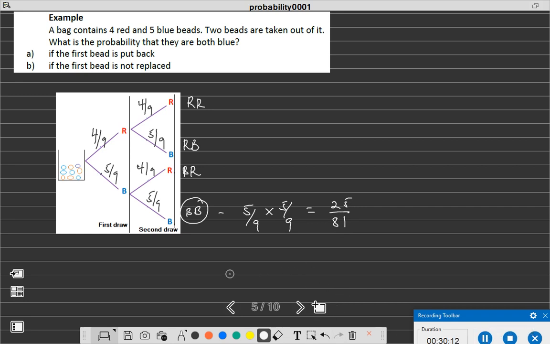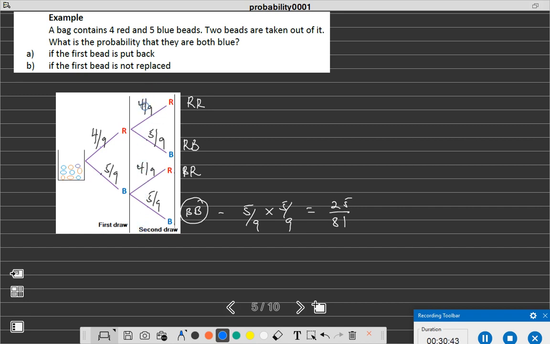Now part B, if the first bead is not replaced. Now after picking the first bead, here for red the probability is 4 out of 9, here 5 out of 9. Let me change the color for the second selection. Now for the second selection, remember here the first bead is not replaced. After removing the first bead, now we have 8 beads in the bag.